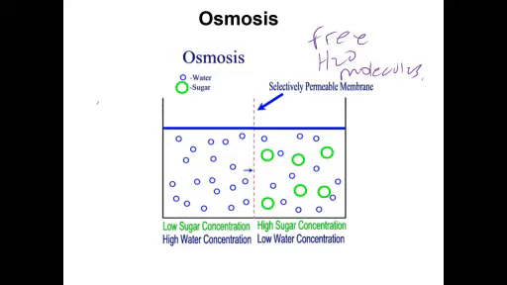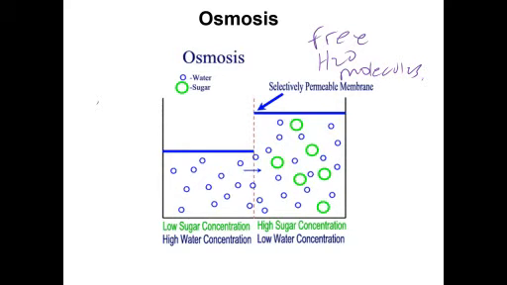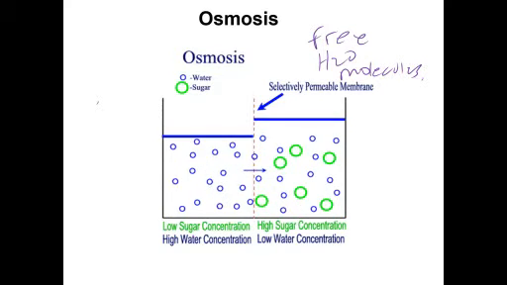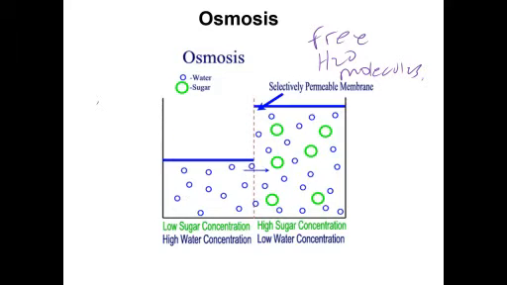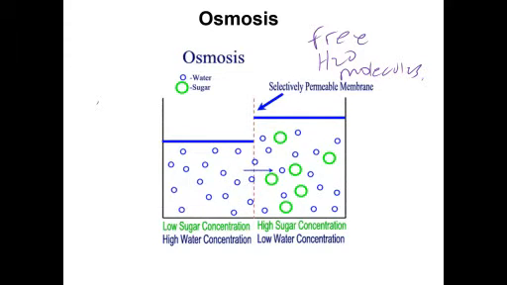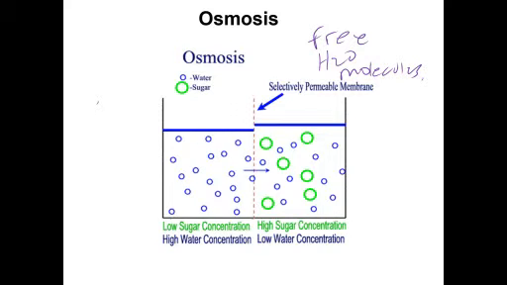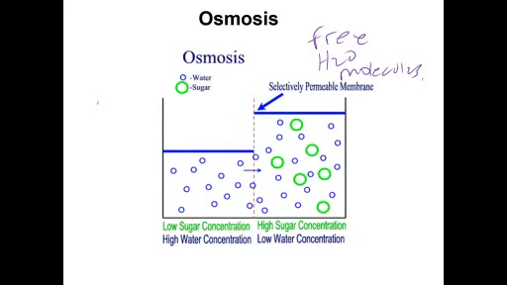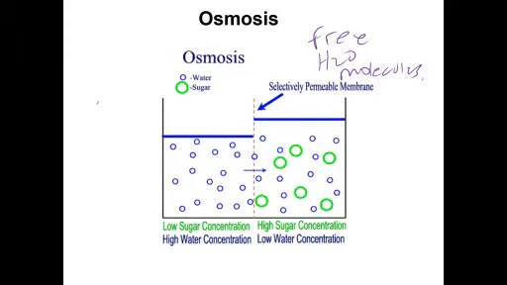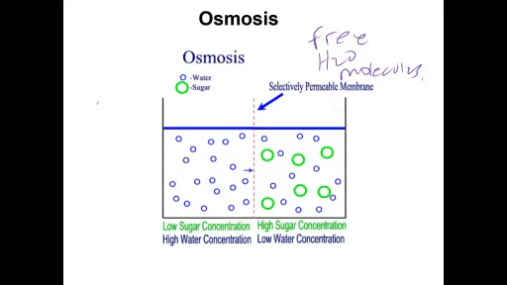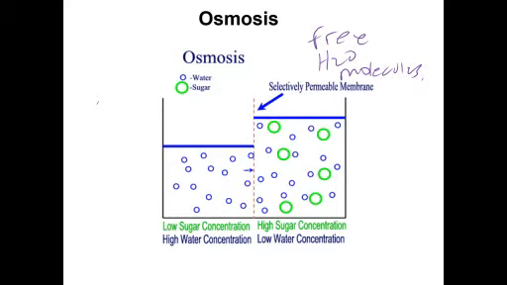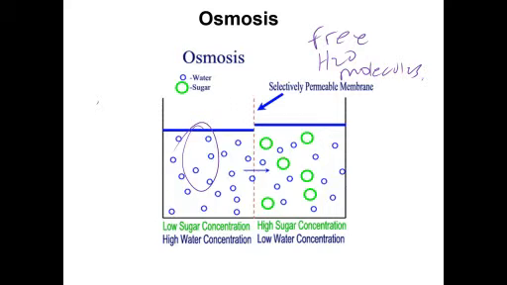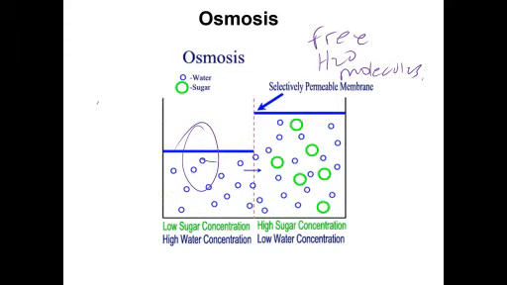So on the right side of the container, you have a higher concentration of solute initially. Diffusion dictates that substances move from an area of high concentration to low concentration. So water is going to move down its concentration gradient, from where it's most concentrated, here, to where it's least concentrated, here.